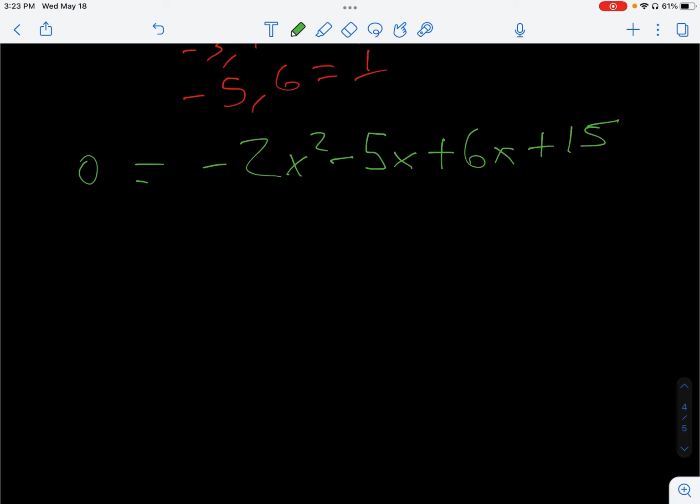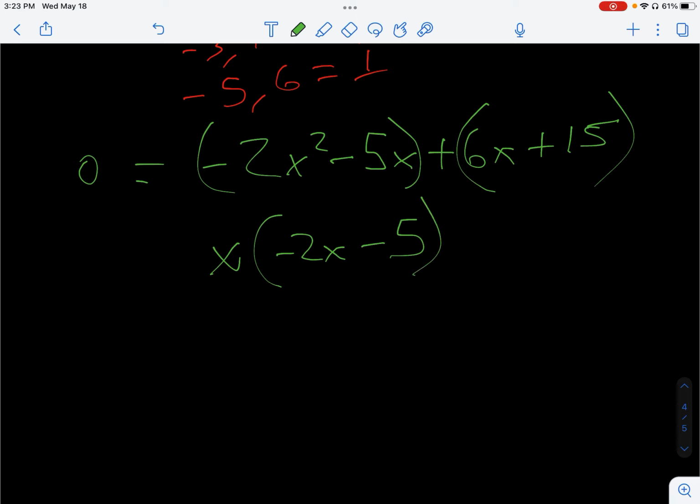Well, let's group these and see if we can find some common factors. So if we group these, negative 2x squared minus 5x, well, they both have an x that I can factor out, and I can actually factor out a negative x, to make them positive. 6x plus 15, well, 3 goes into both of those.